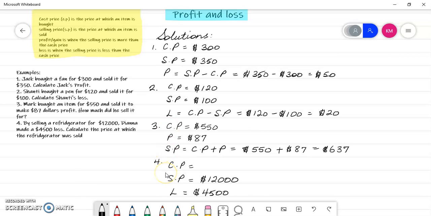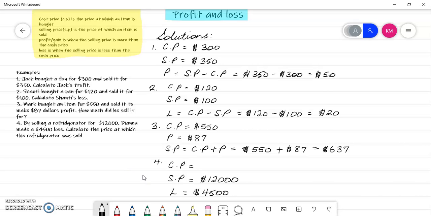So not all the time you are going to be asked to find profit or loss. Sometimes, just like in number 4 here and number 3, they gave you what the profit or the loss was. So referring to number 2 where they told us loss is cost price take away selling price, to find my cost price, I can add my selling price to loss. So I'm going to write that here.